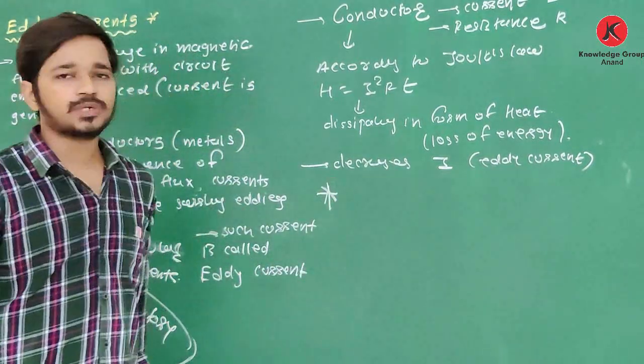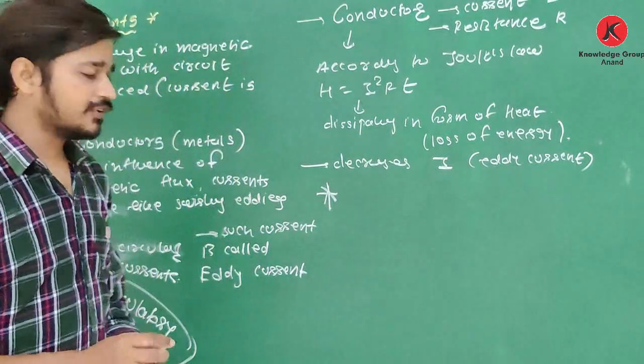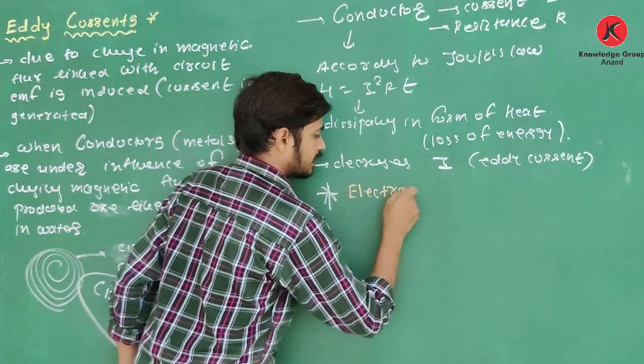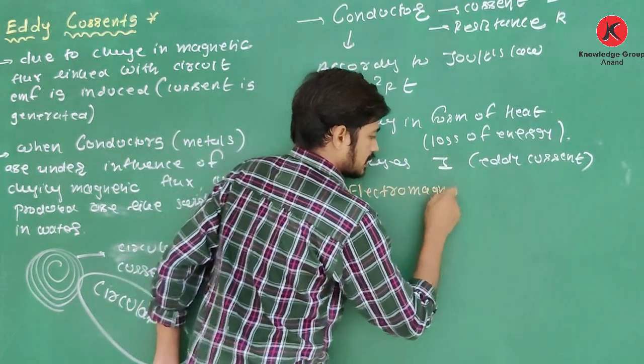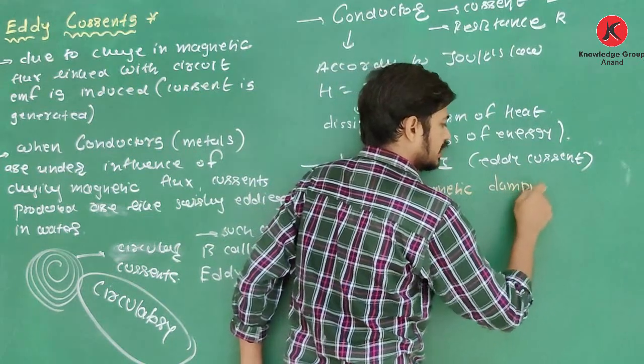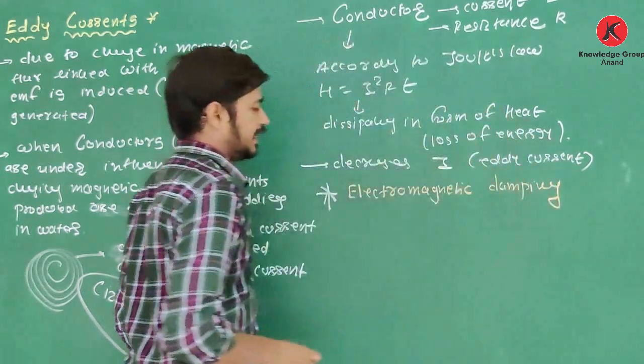So how to decrease eddy current now? We will take one example, and it is also one theory which is called electromagnetic damping. What is electromagnetic damping?